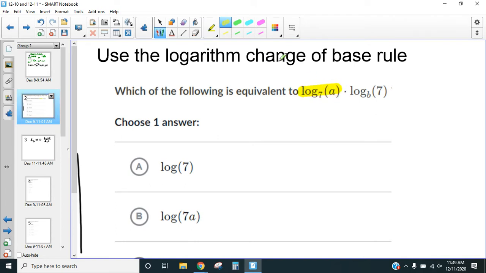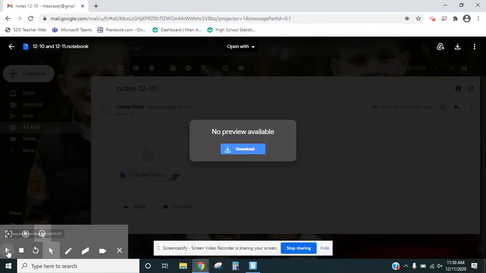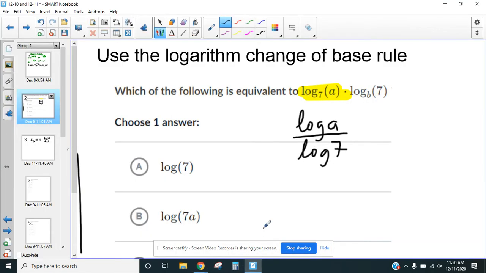we're going to rewrite this first one. So let's rewrite this. All right. Let's do the same thing with the second one. So we already rewrote that. Looks like this.